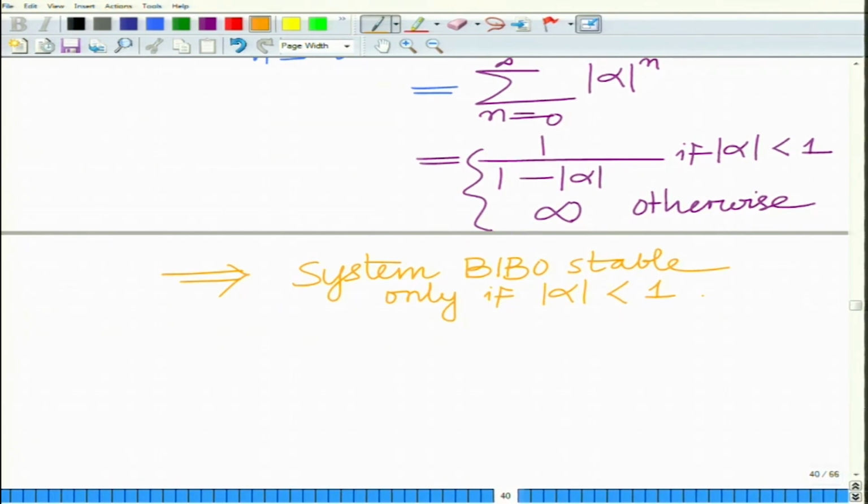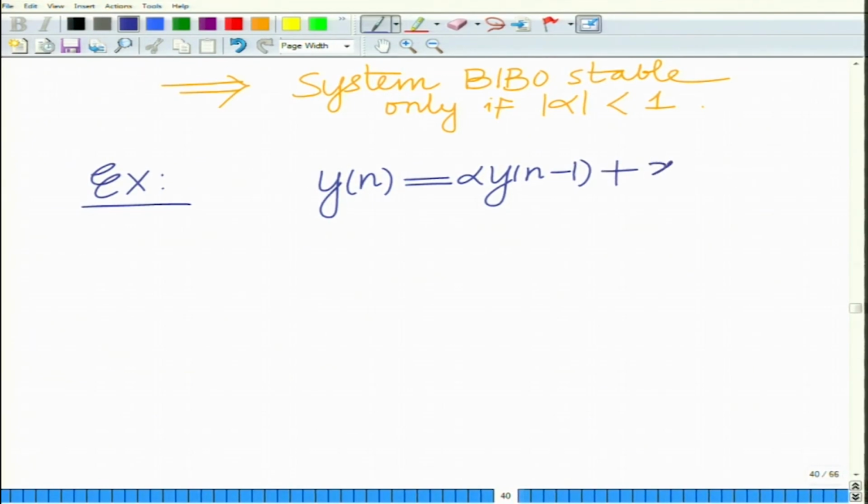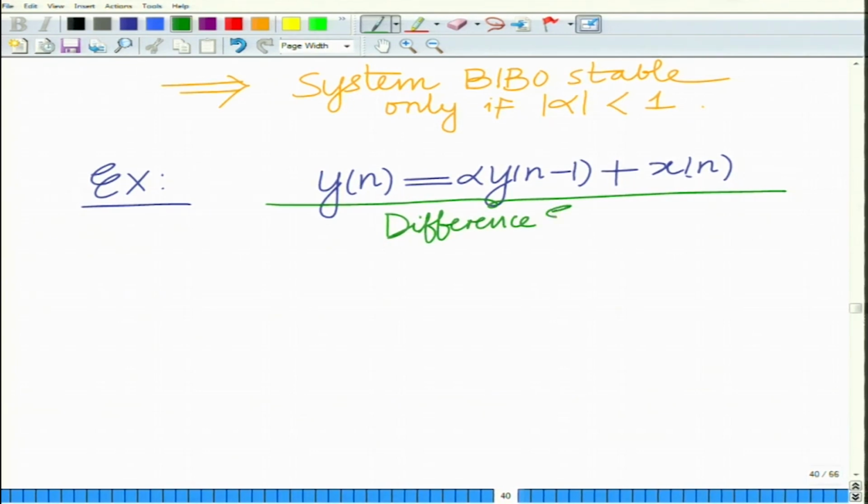Okay. And let us do one more example. Here we are given a difference equation, since this is a discrete time system. So, this is a difference equation description of the system.